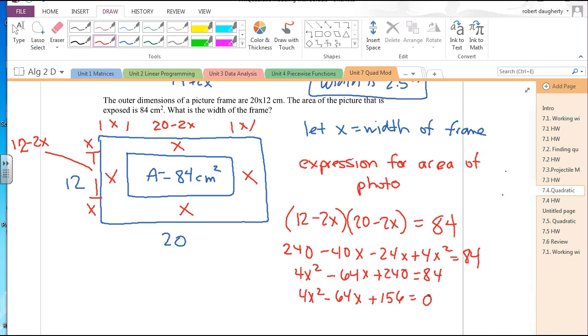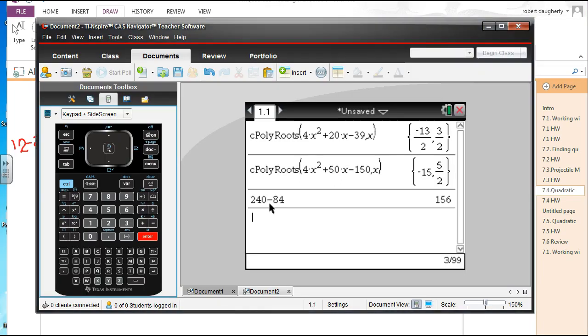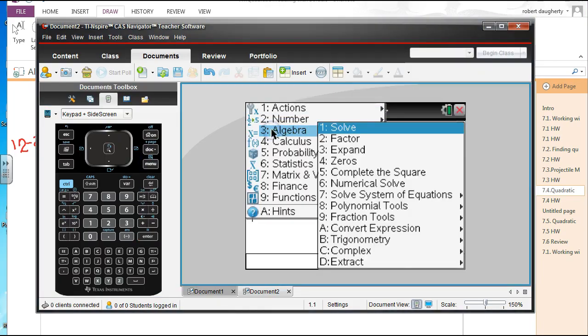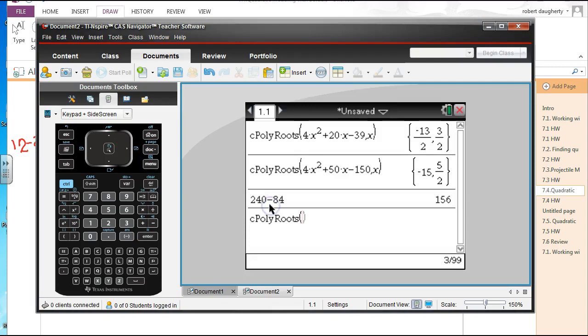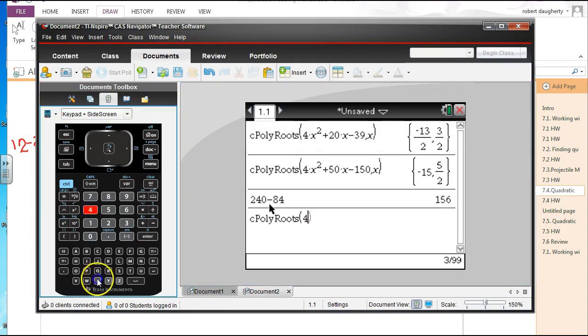Yeah, calculator. So menu, algebra, polynomials. So 4x squared plus 64, was it plus or minus? Yeah. Minus 64x plus, what was it, 156?